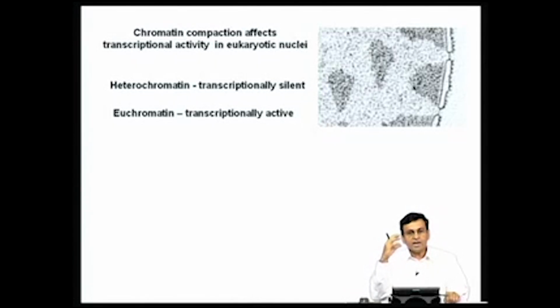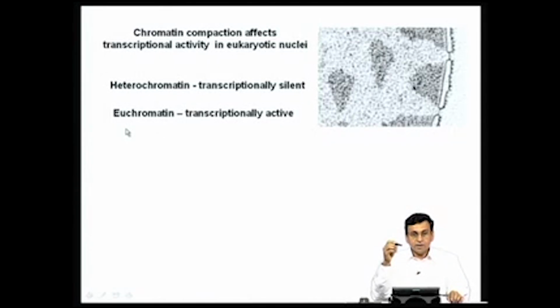They realized that when they stained eukaryotic nuclei, or even Drosophila polytene chromosomes or lampbrush chromosomes, there are some regions of DNA which get densely stained and some regions of chromatin which get very thinly stained. The densely stained regions of chromatin are referred to as heterochromatin, whereas the lightly stained regions are referred to as euchromatin.